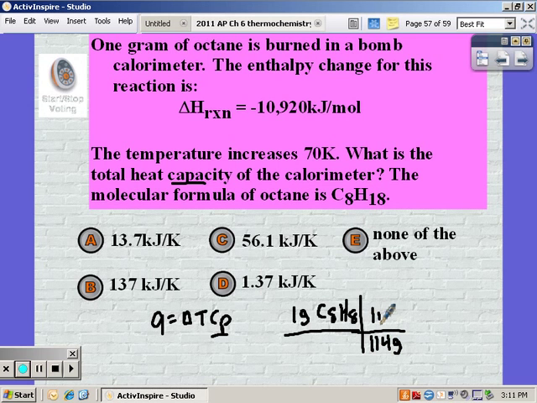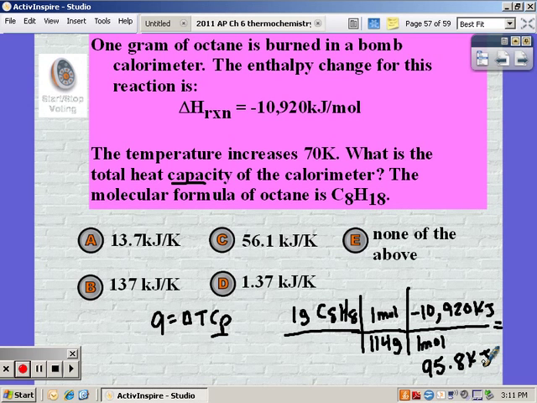So you have to convert it to moles, and then 1 mole is going to release 10,920 kilojoules. Since we only burned 1 gram, converting should tell us how much energy was released when we burned that 1 gram.